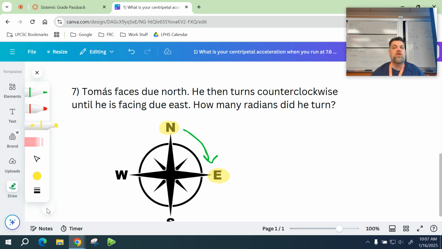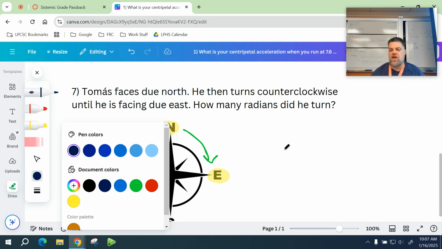First of all, I'm pretty sure everybody in here can guess how many degrees that is. Does anybody know how many degrees that is? All right, so let's recap a couple things, okay? We'll do a little geometry review.